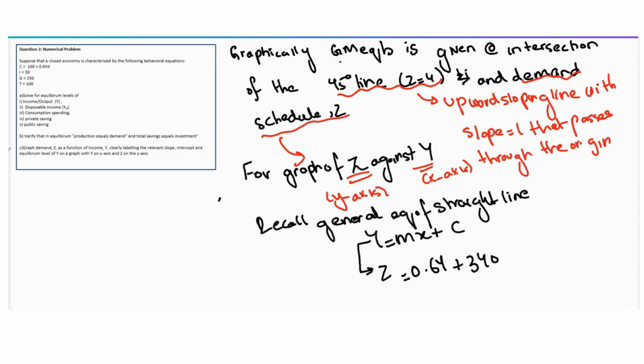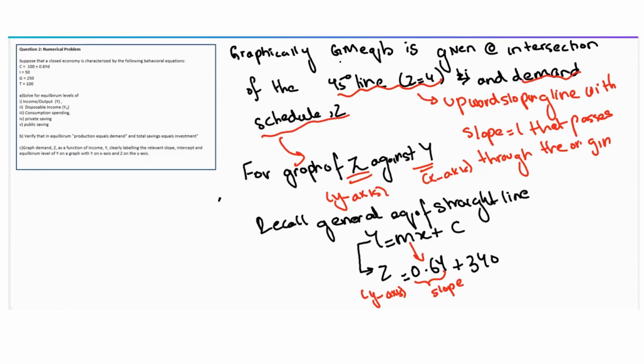The y variable, which we plot on the vertical axis, is z. This is what goes on the y-axis. We know m represents slope, which is the value 0.6 here. So this represents our slope.